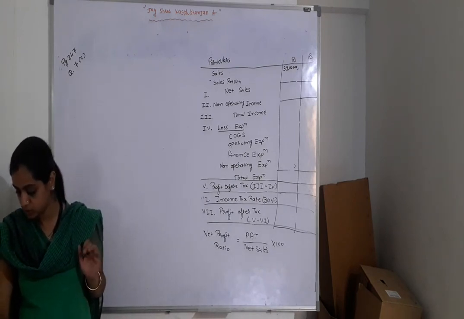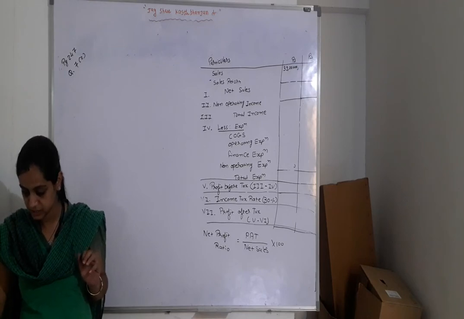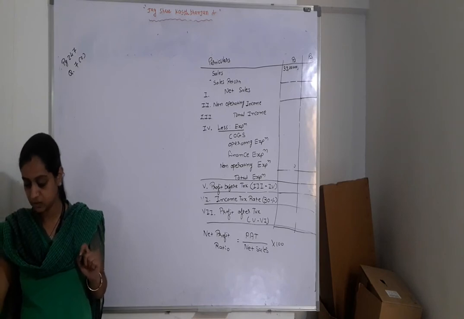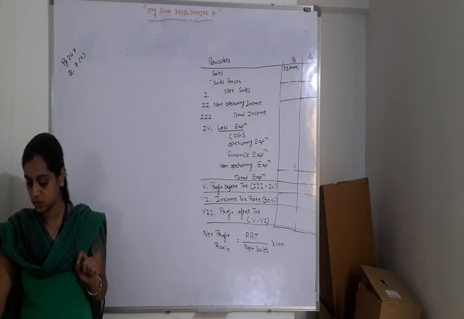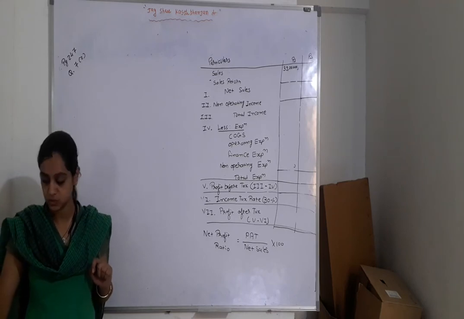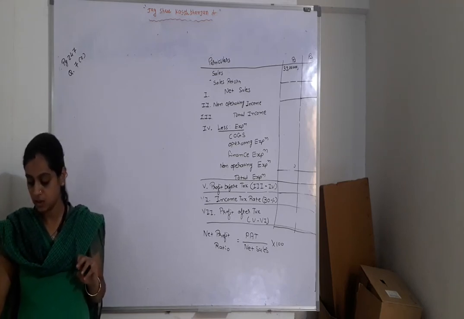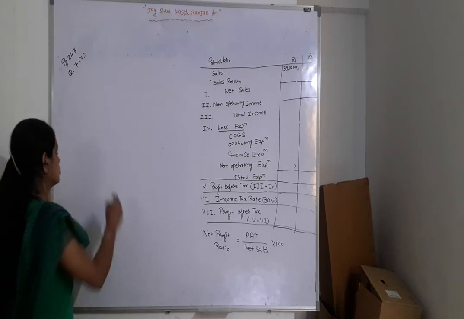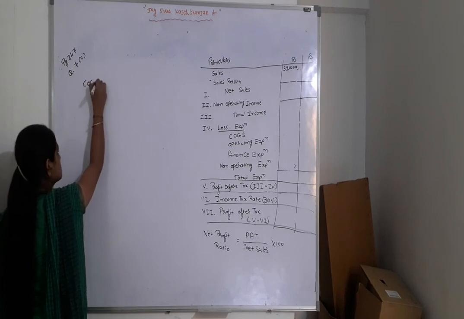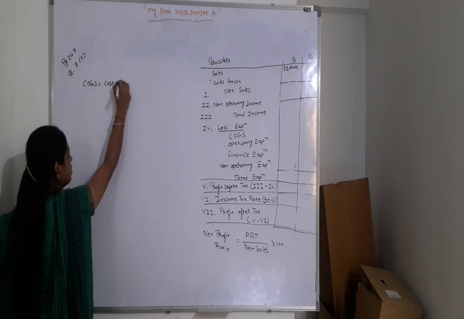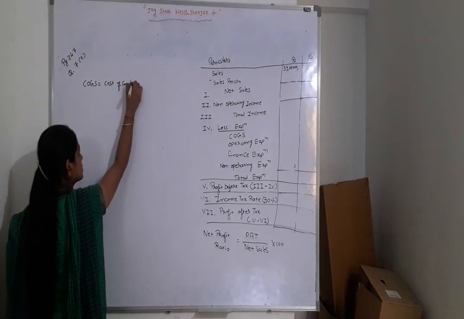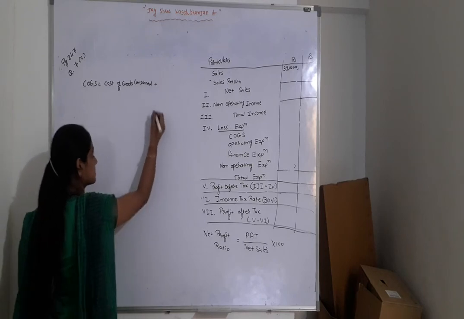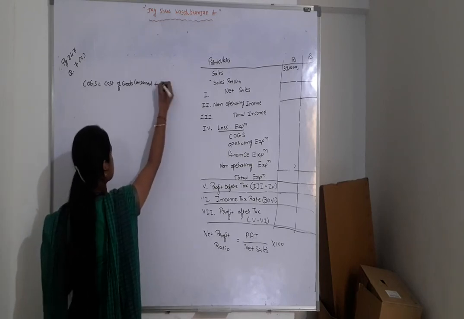Then COGS, cost of goods consumed, that is 25 lakh, right? But they have also given wages over there. So we can use wages in cost of goods consumed. COGS is equal to cost of goods consumed plus wages.